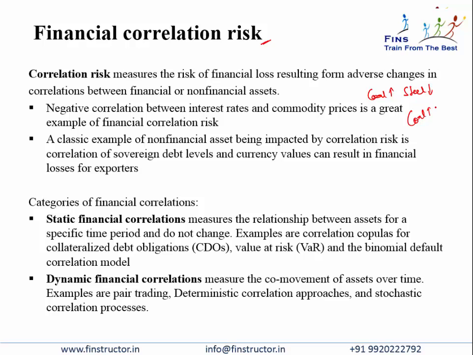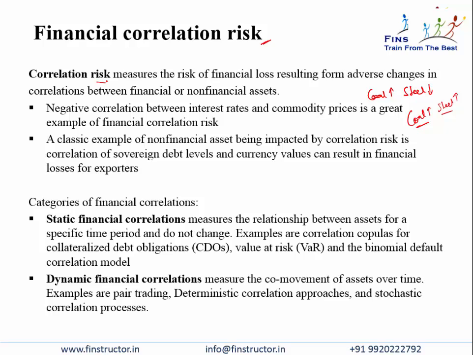That is some historical correlation that we've calculated. Now if we base our investments on this historical correlation, and this correlation for some reason changes during the period in question, and we have a loss because of that change in correlation, then that risk of loss will be defined as correlation risk.